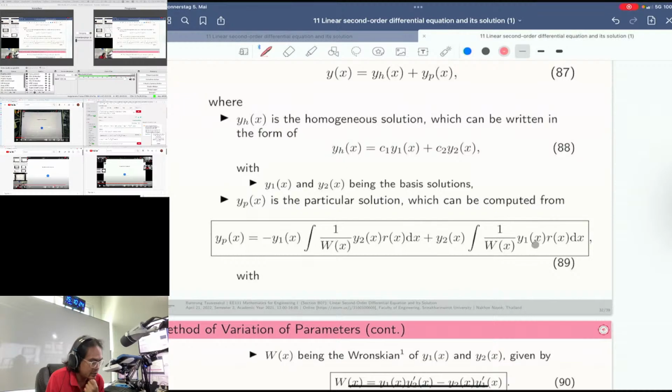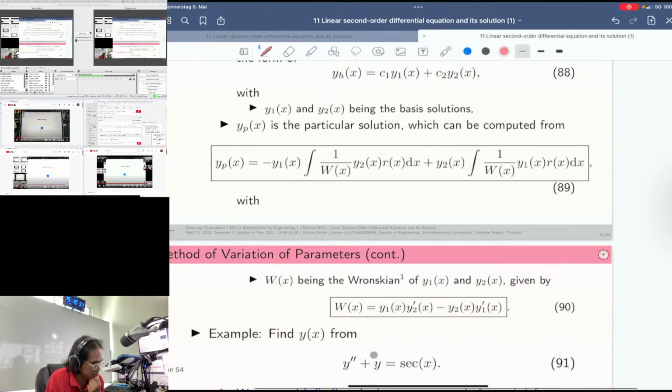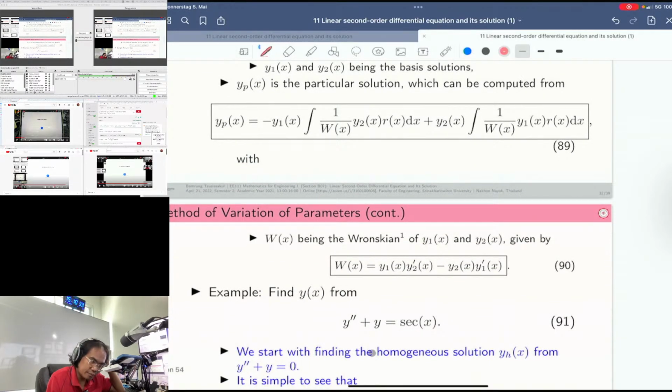Integration of y1 and r(x) divided by the Wronskian. The Wronskian is like a derivative of a product, but with a negative: y1 y2 dash negative y2 y1 dash. All right.